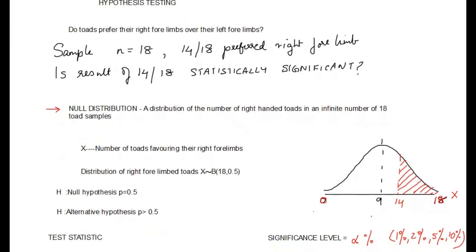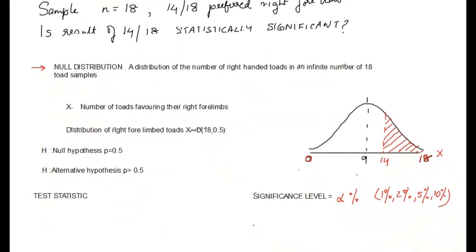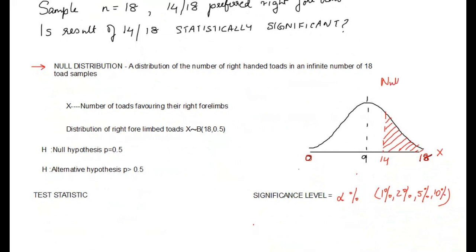If you plot them on a graph, the null distribution looks something like this, the normal distribution curve I've drawn here. Okay, so this is the null distribution curve. As you can see, the x-axis, which is the number of toads that favor their right forelimbs, is marked from 0 to 18.